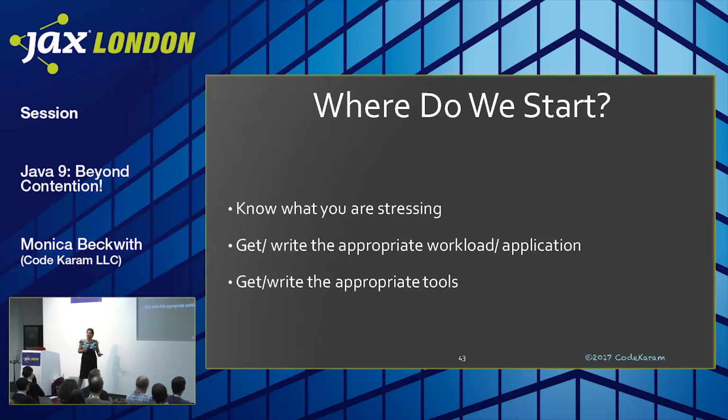If you're not an expert in that field, it's okay. I'm not an expert in many fields, and so what I do is I look at industry experts and I try to get knowledge from them and find the right benchmark. And then tools, right? Because we're going to go through the process of monitoring, profiling, analysis and tuning, right? That's the whole process. We're going to do that every time. So we need the right tools.